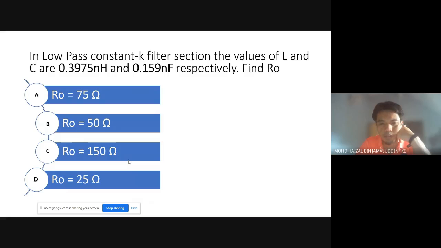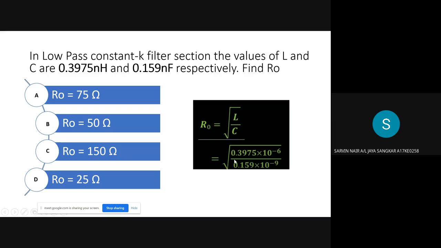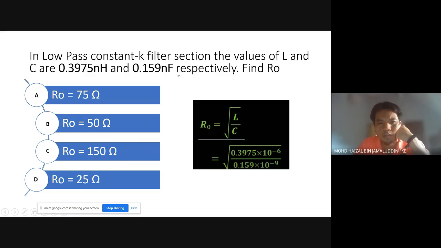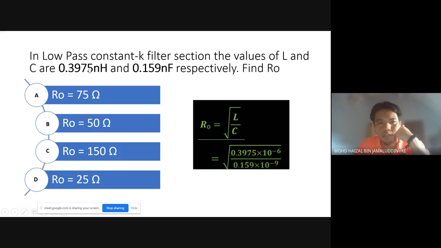So what is the answer? I don't know the answer. For 50 ohm. Okay. Sir. Yeah. The value of L is nano, negative 9, right? Yes, I feel this is a different value. I think this is micro.